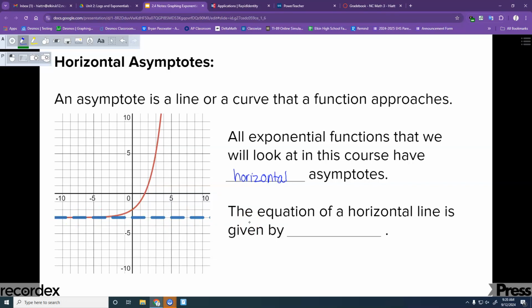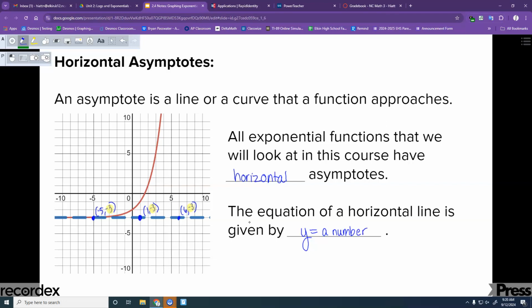Okay? Think about the points that are on this line right here. This would be 1, -3. This over here would be the point 6, -3. Over here would be the point -5, -3. What do you notice about all those points? Okay, you all have -3 for what? The y. It's going to be y equals a number.